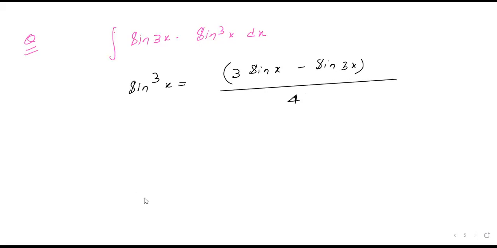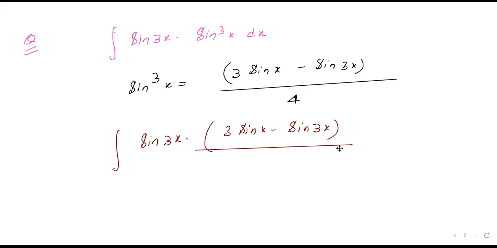So now our integral becomes sine 3x into 3 sine x minus sine 3x divided by 4 dx.